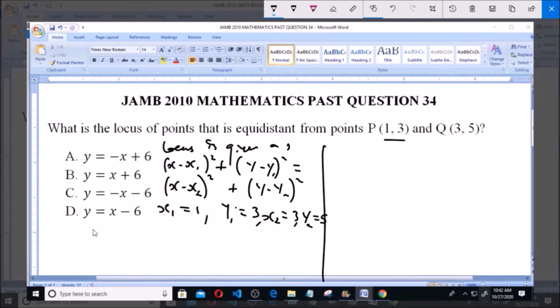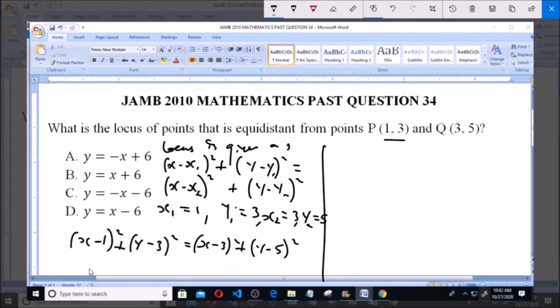So therefore we have x minus x1, which is x minus 1, square, plus y minus y1, that is y minus 3, square, is equal to x minus x2, which is x minus 3, square, plus y minus y2, which is y minus 5, square.